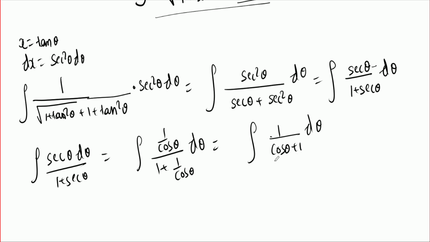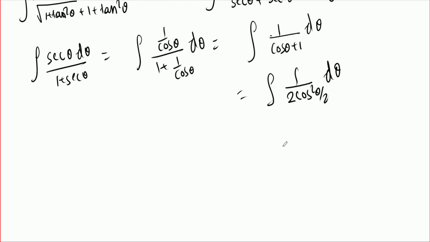And I know 1 plus cos theta, I can use the half angle, so this is basically 1 over 2 cos square theta by 2 d theta, right? And 1 over 2 cos square theta by 2 d theta is basically sec square theta by 2 times 1 by 2 d theta, right?